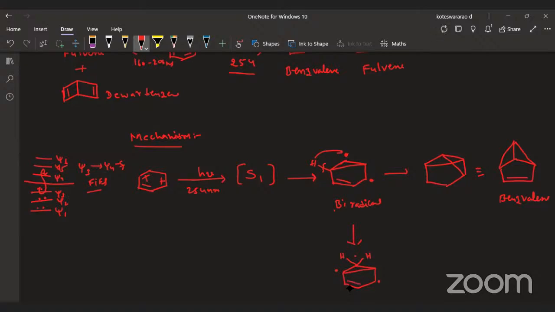Whatever the numbering you are taking, this carbon and this carbon both can get involved in the reaction. That means the cleavage of this sigma bond. Therefore, these two electrons combine together and form a double bond. You can look at what intermediate is generated.